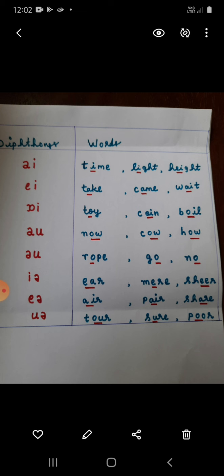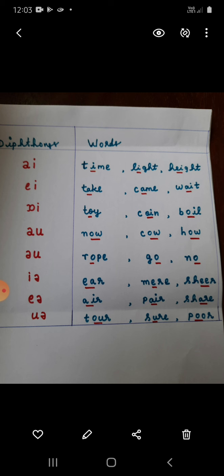Then M-E-R-E is pronounced as mere, that is m plus e plus a. Then the next word is sheer, S-H-E-E-R, sheer. Understood that? So she plus ear. So many examples we can find out by ourselves, for example, fear, dear, clear, near.